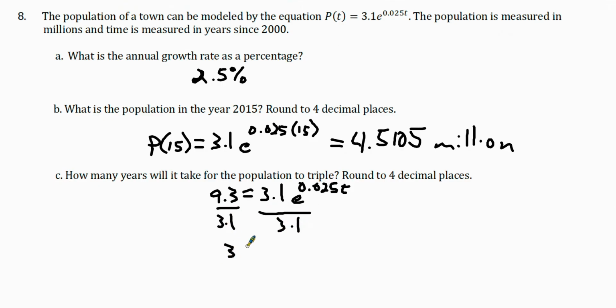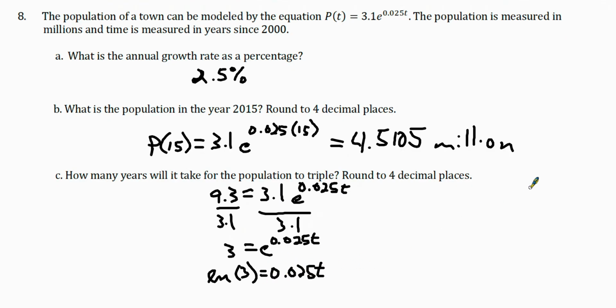So I end up with 3 equals e to the 0.025t. So now I have the exponential by itself. Now I can rewrite this as a log. So this would be log base e, or the natural log of 3 equals 0.025t.